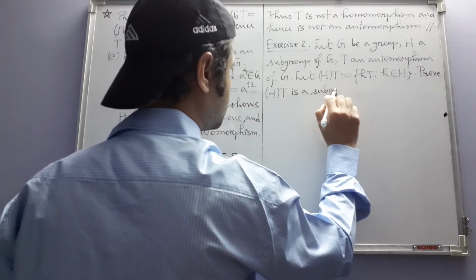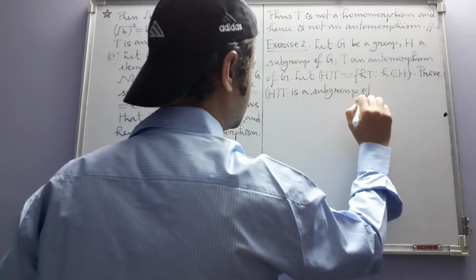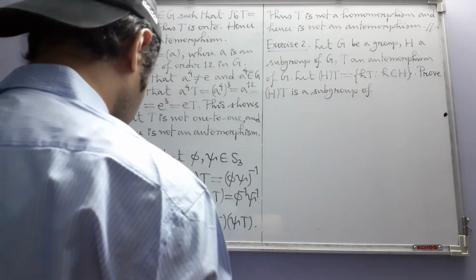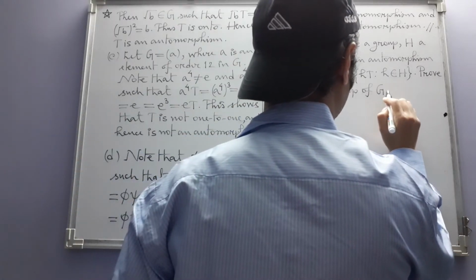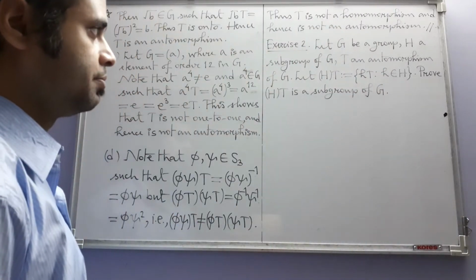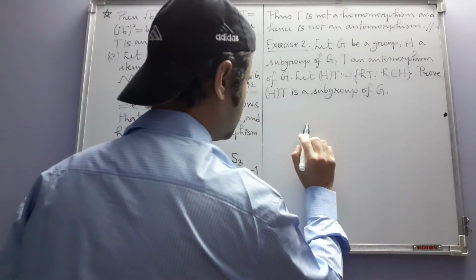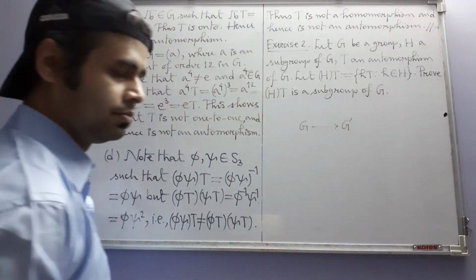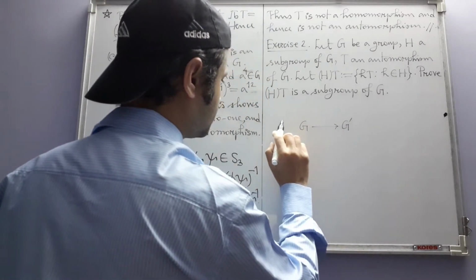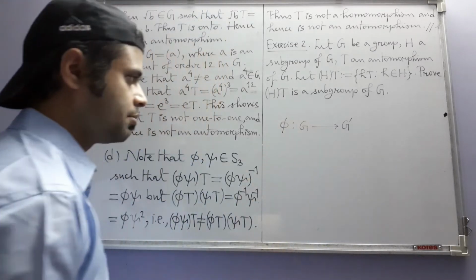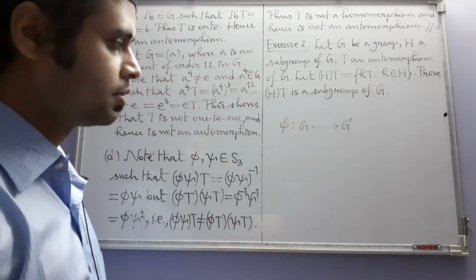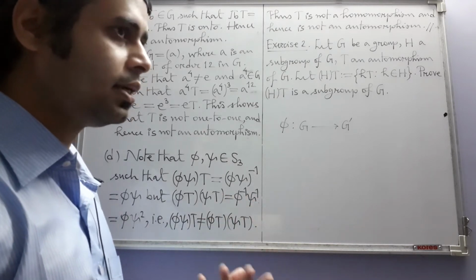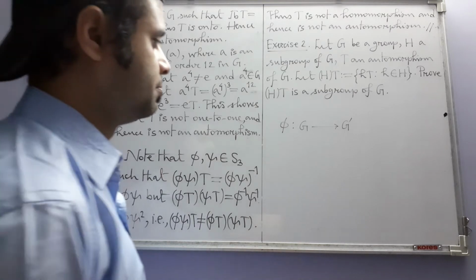Prove this is a subgroup. Isn't it something we already know? In a much more general setting, say we have two groups G and G prime, and say phi is a homomorphism of G into G prime. Phi need not be an automorphism, and it also need not be even onto.